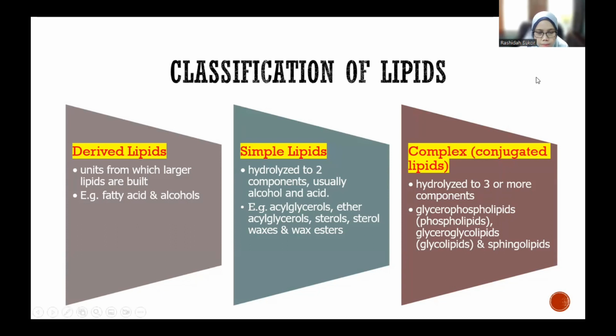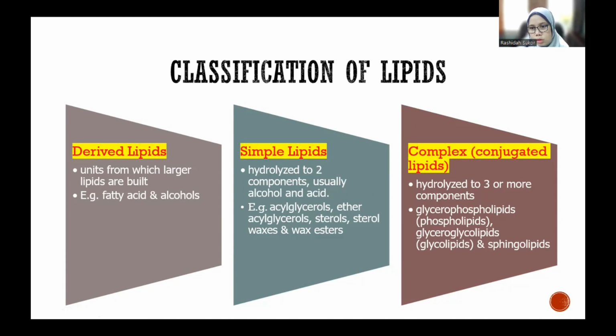Simple lipids are hydrolyzed, meaning broken down, into two components, usually alcohol and acid. The examples are acylglycerol, ether acylglycerol, and sterols. We always hear about sterols in formulations, like plant sterols. So these are actually simple lipids. Wax can also be found in plants, and wax esters.